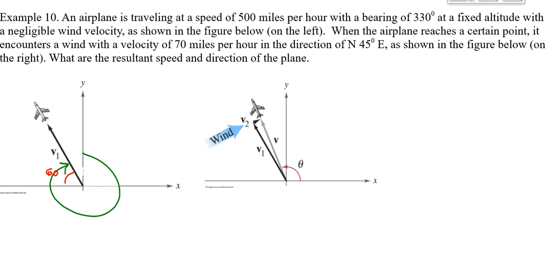And so from our standard position, it's 180 minus 60, so it's 120 degrees. Do you agree with that? Okay, and then here it is, 120. To me, that was a bit of a jump, just saying its bearing is 330, and then boom, here's the picture. Do you know where that 120 comes from? Because you're going to have to know that.